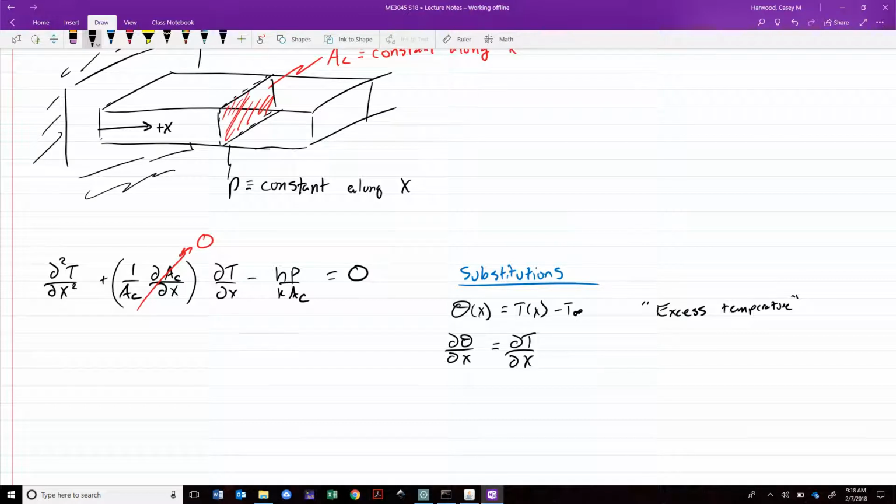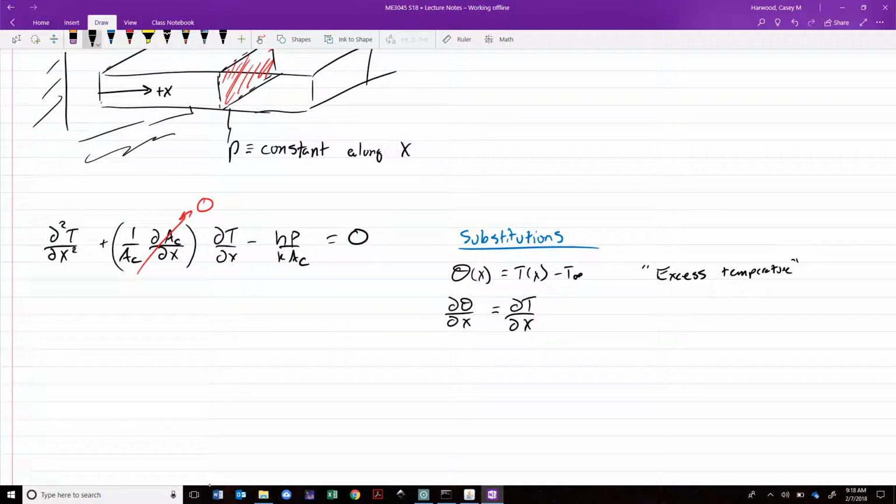We're additionally going to define this variable m such that m squared is equal to hP over k AC. If we plug these substitutions in, we end up with the second partial of theta with respect to x, minus m squared theta, equal to 0.